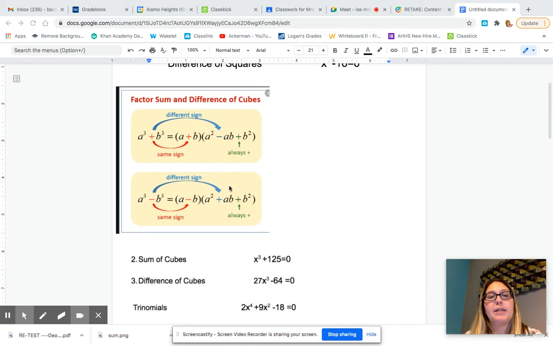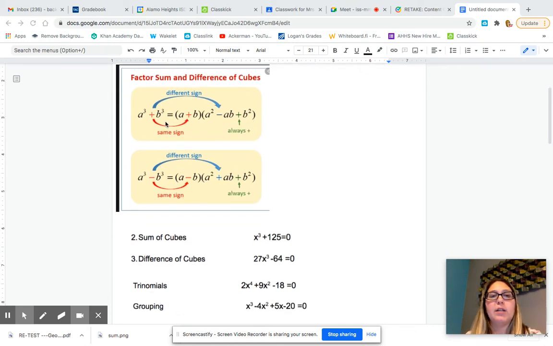Very similar is the difference of cubes. Instead of addition, it's subtraction. But we do, again, have to have an A cubed, some sort of number or variable cubed, minus a B cubed. Again, B is some sort of number or variable cubed. So we'll do a couple problems of each of those.